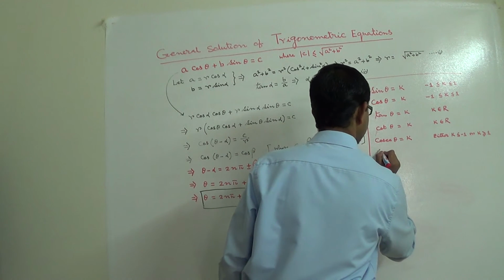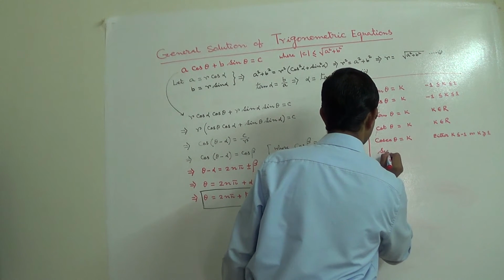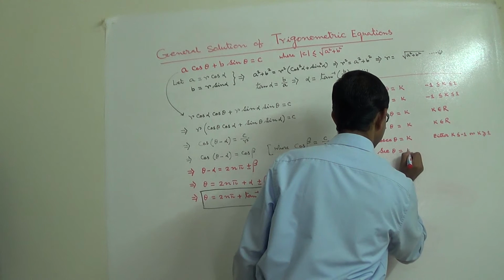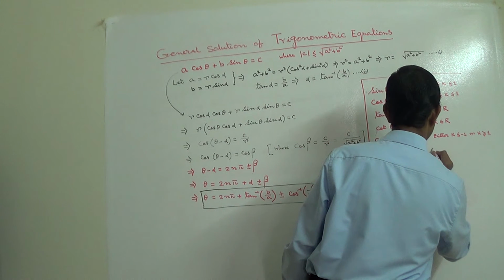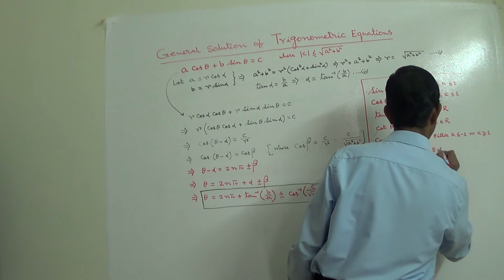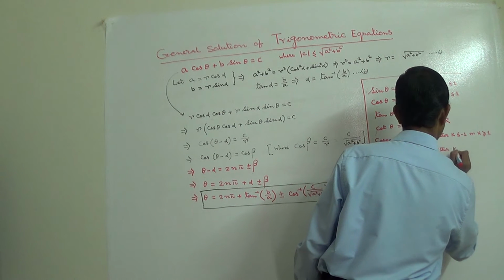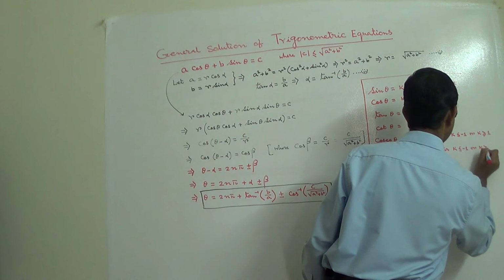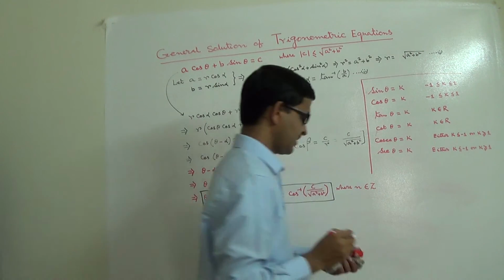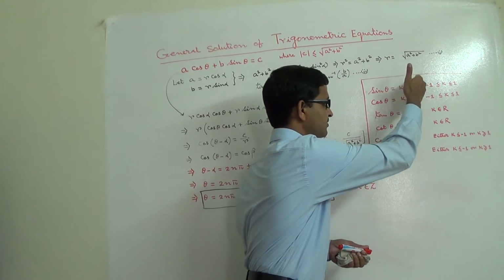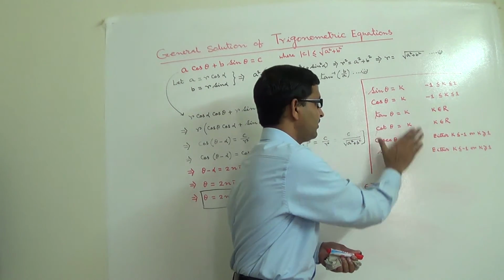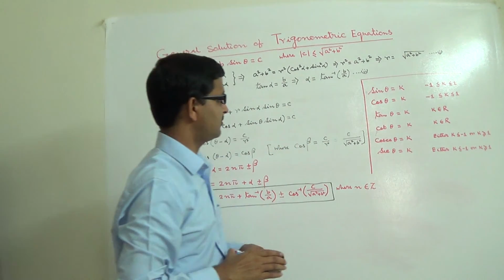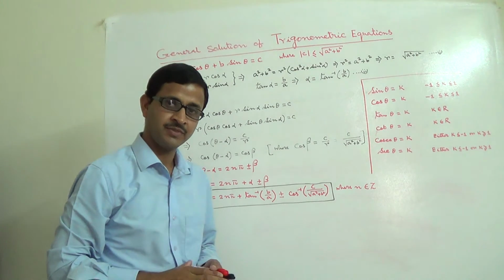The similar condition is applicable for sec theta as well. Sec theta equals k means either k ≤ -1 or k ≥ 1. Under these conditions on k, we can find a solution to these trigonometric equations.